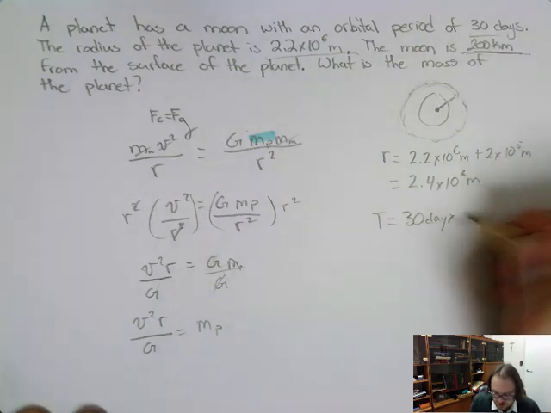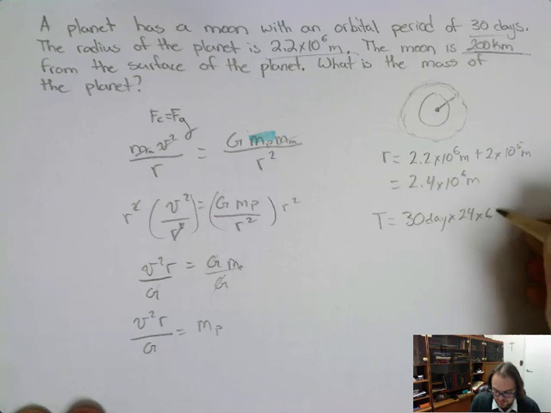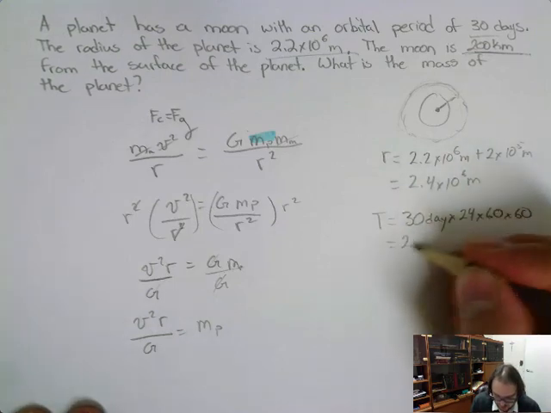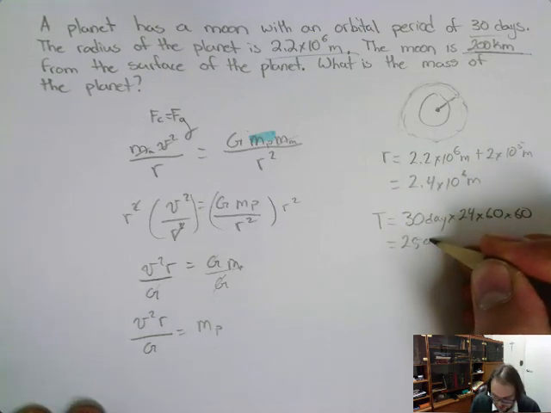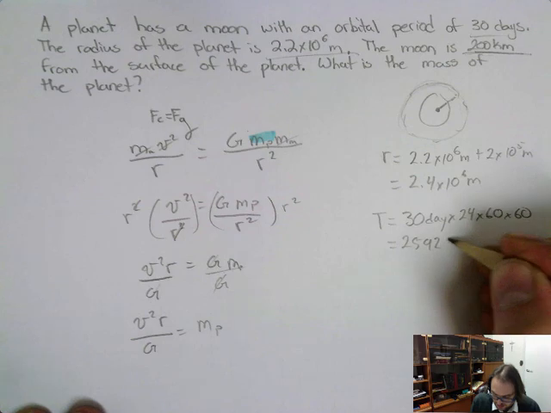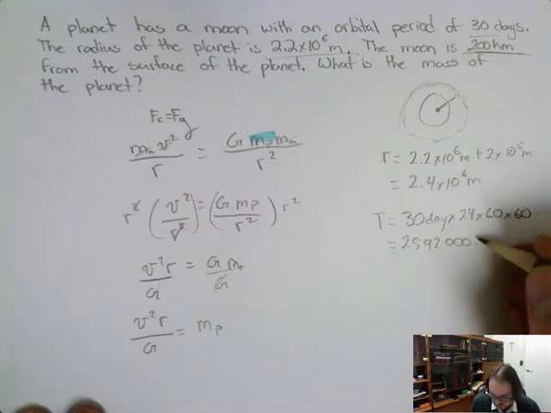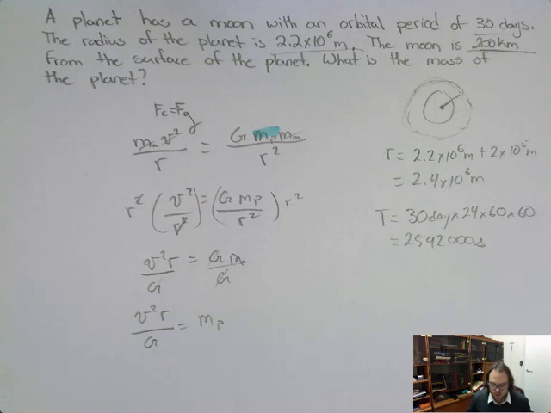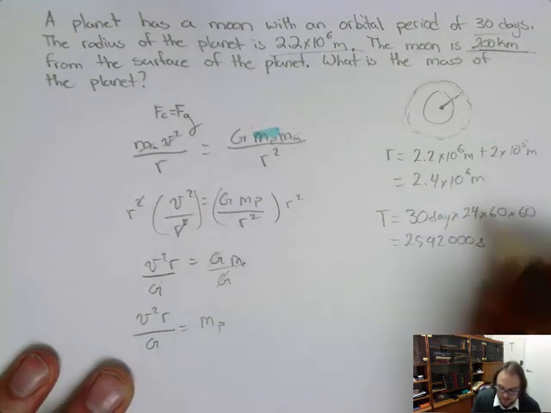So that's going to be times 24, because there's 24 hours in a day, times 60 to get minutes, and then times 60 again to get seconds, which is going to give me a total of 2,592,000 seconds.